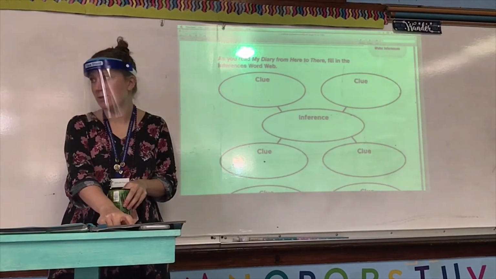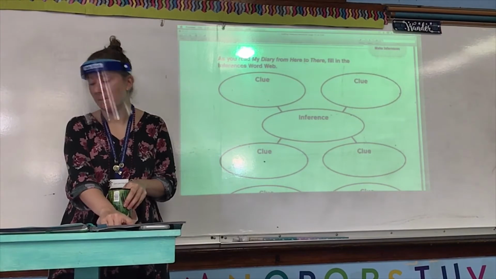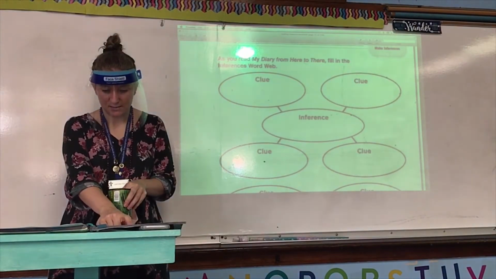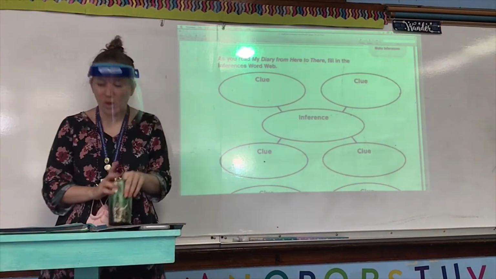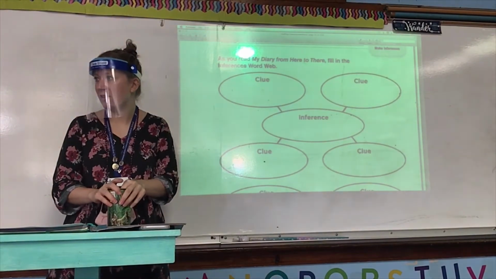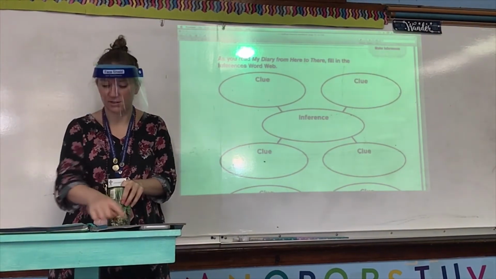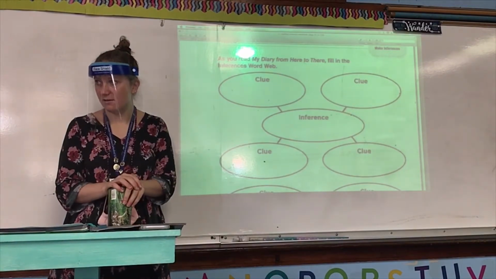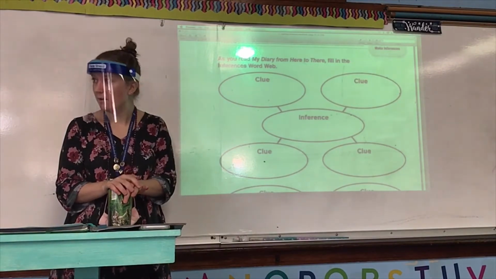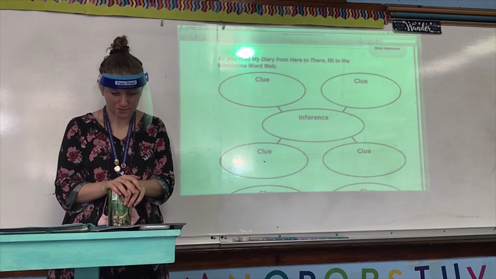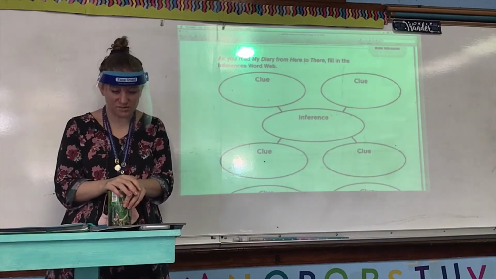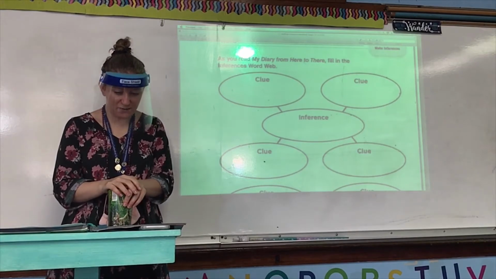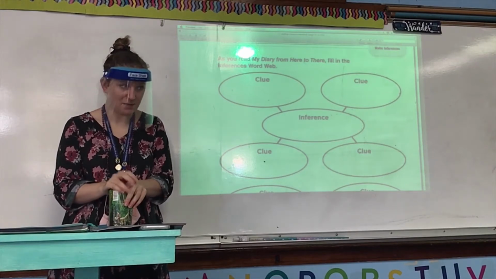Making inferences. As you read, you're going to fill in your inferences word web. What are we going to find out by the end of this story, Ethan? By the end of this story, we should know the answer to this question. What benefits does Amada get from keeping a diary?